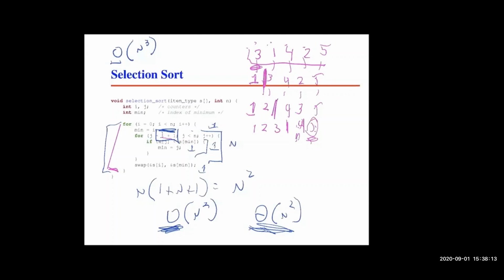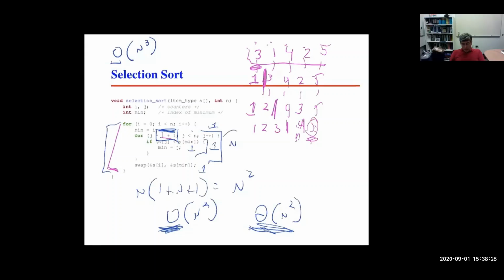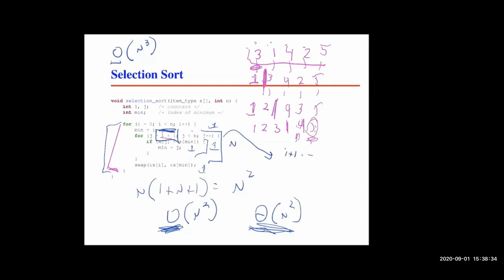I have one question. Yes, please. For the inner loop, isn't it supposed to be running like n minus i plus n minus i minus 1? So you're telling me that the inner loop is going around from i plus 1 to n.